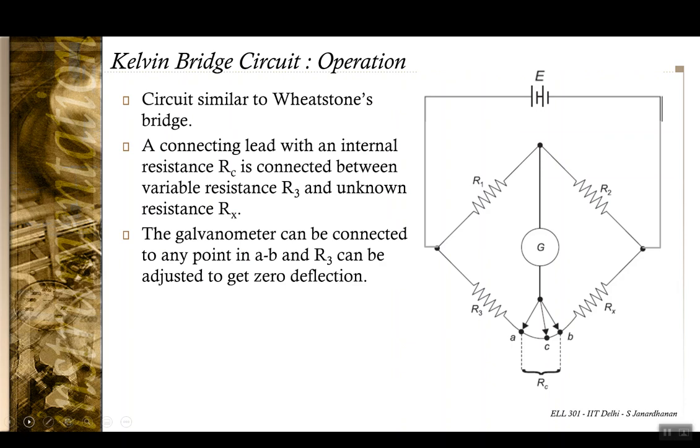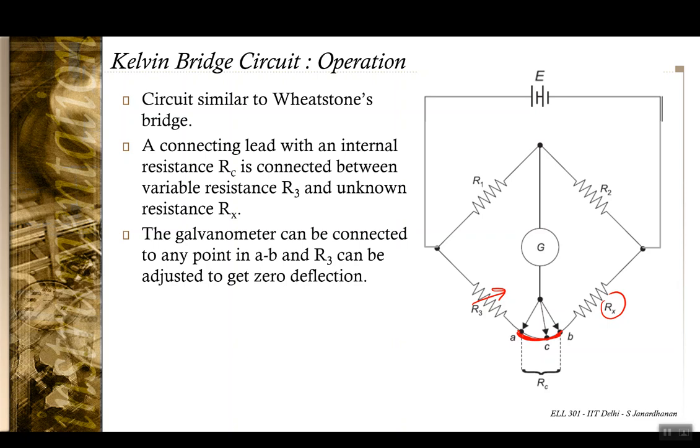In the Kelvin bridge, the construction is very similar to the Wheatstone's bridge. However, the resistance of the connecting lead between this variable resistance R3 and the unknown resistance Rx is also taken into consideration.